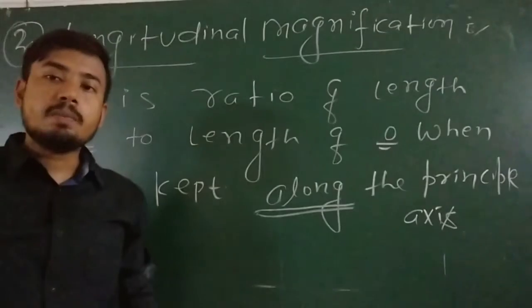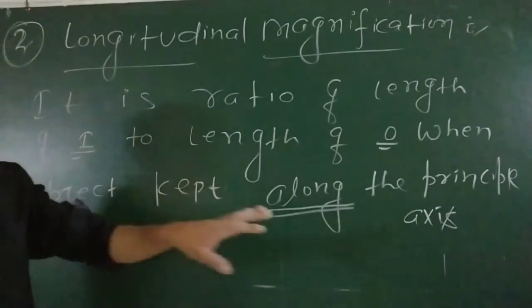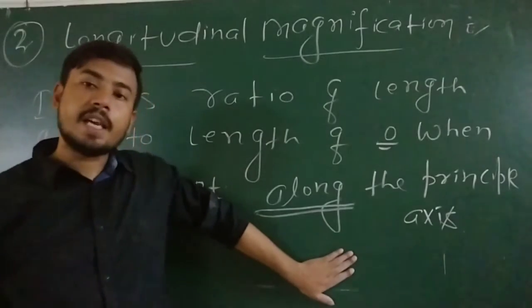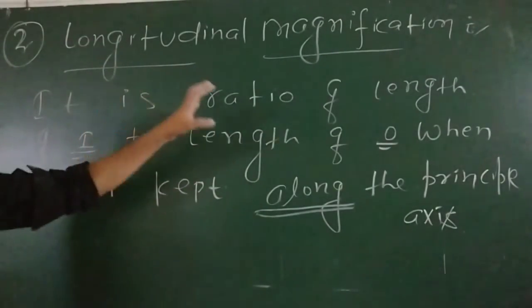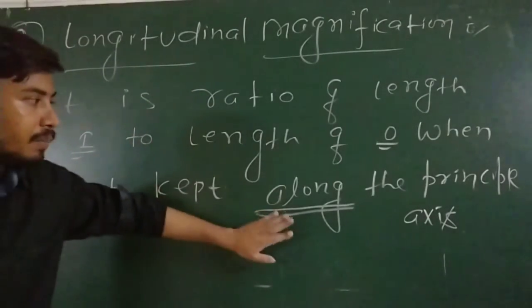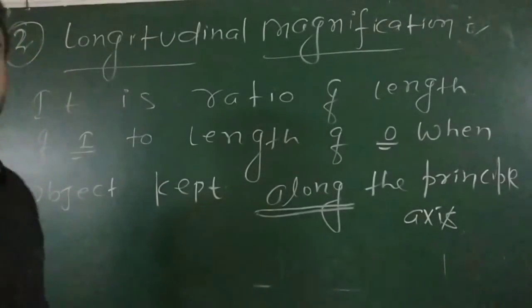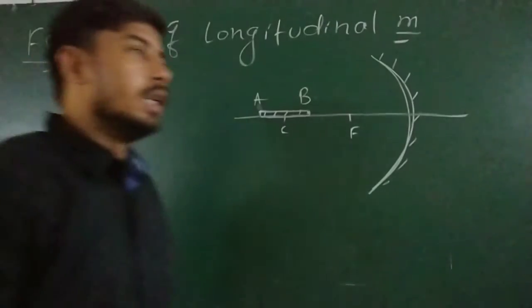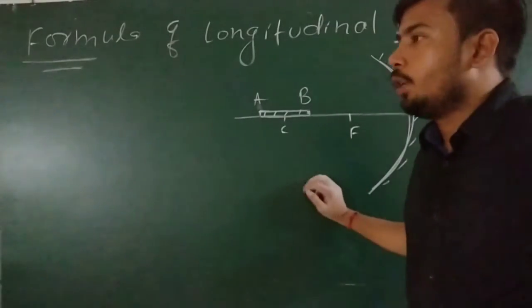In transverse magnification, we are finding height ratio when object is kept perpendicular to principal axis. But here we are finding length ratio when object is kept along the principal axis. Now we are going to discuss the formula of longitudinal magnification.